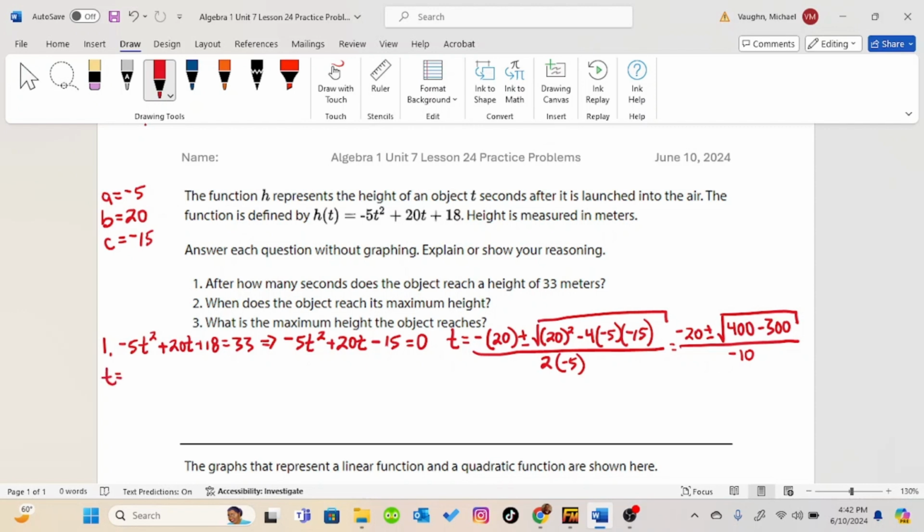So now we have t equals negative 20 plus or minus the square root. 400 minus 300 is 100. And the square root of 100 is plus or minus 10.